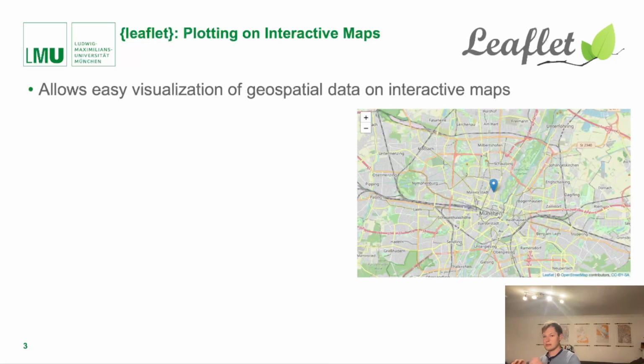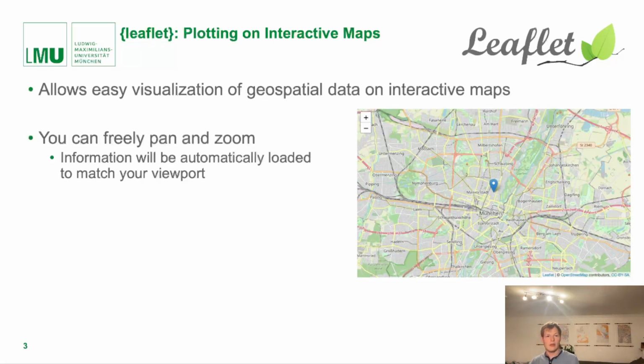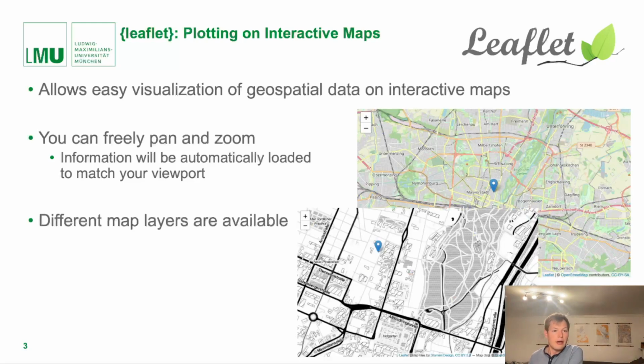You could, for example, also mix this with the osmdata tool that I just showed before to plot data on there, and then interactively explore where these points lie. For example, we could put the museums here that I talked about earlier. Again, you can freely pan and zoom the map. And there are different layers. So if you have something more colorful you want to put on top, you can use a black and white layer to show the map a bit less intense.